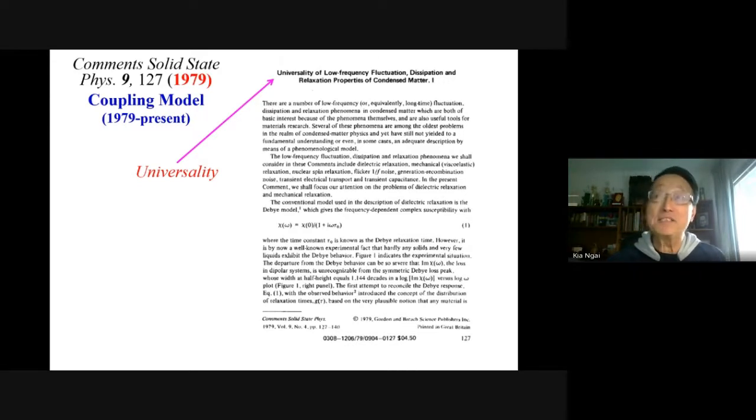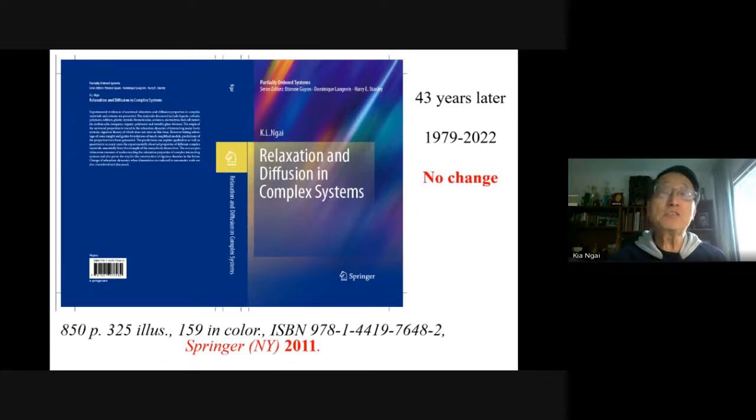I didn't realize that, but that's the one that leads to this book, which is too old now. It's already 10 years old. So there are a lot more things that have happened since then. But I put down that since now it is 2022, 43 years gone by, there's no change. I mean, that's the same thing I did at that time, but much developed, of course, in terms of comparison with experimental data and predictions and so on and so forth.